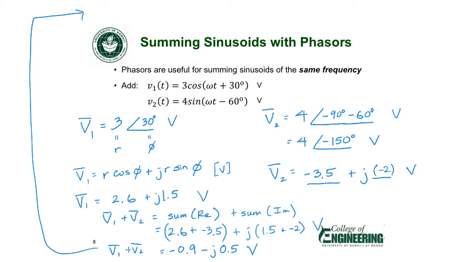Okay, so if we want to convert back to phasor form, we need to take 0.9 squared plus 0.5 squared and take the square root. This is negative 0.9 and negative 0.5, but once you square them, it doesn't matter.